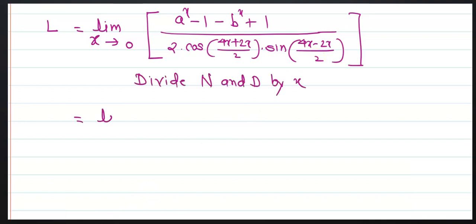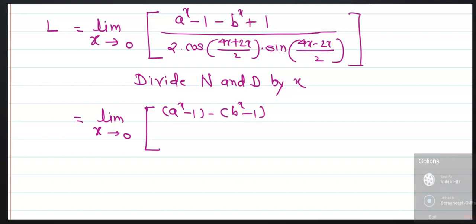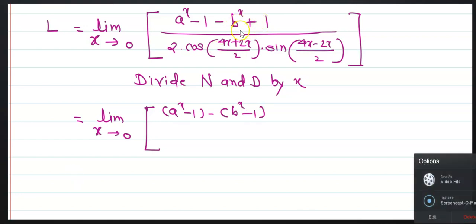Divide the numerator and the denominator by x. We will carry out the steps simultaneously. I had taken the minus sign common from this, minus b raised to x plus 1. That is a raised to x minus 1 minus, in bracket, b raised to x minus 1.